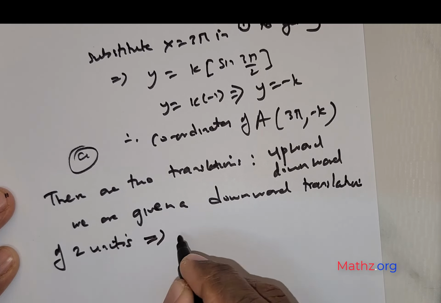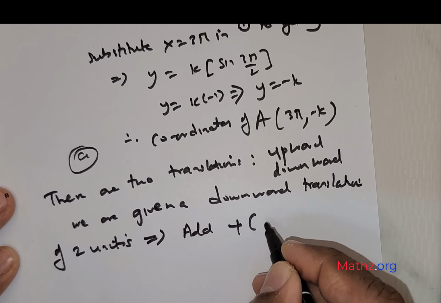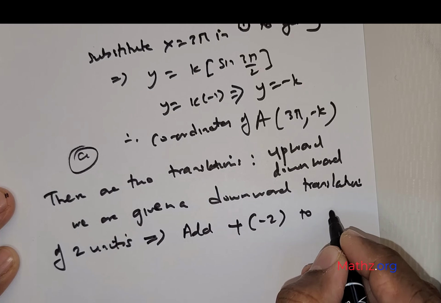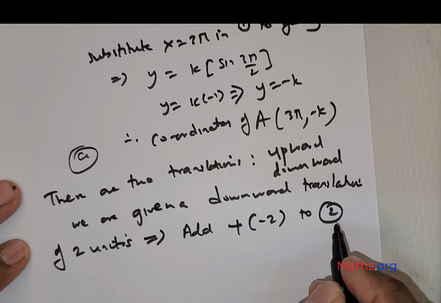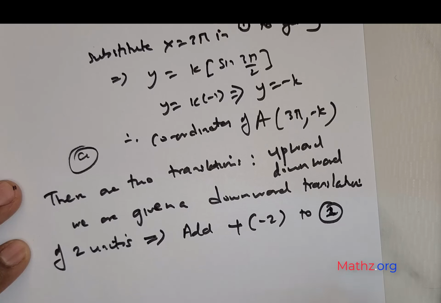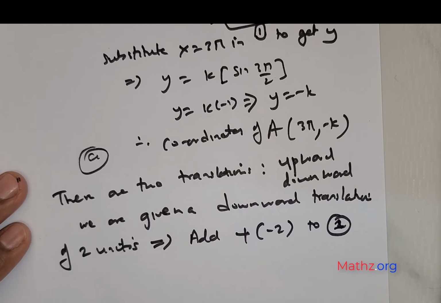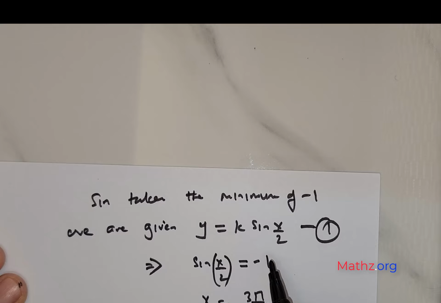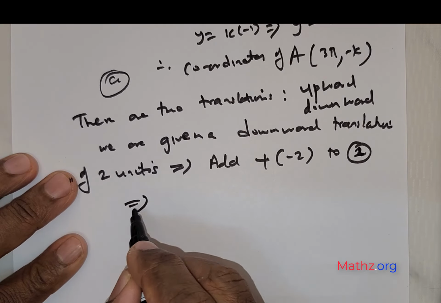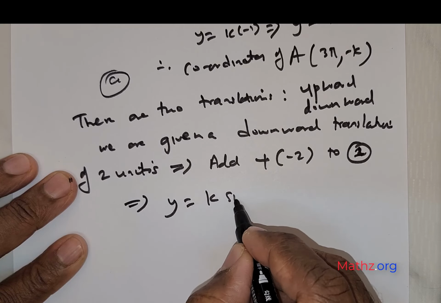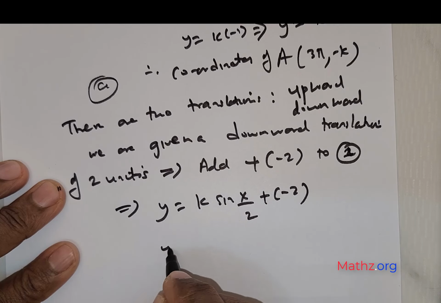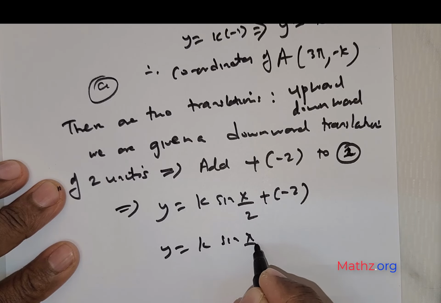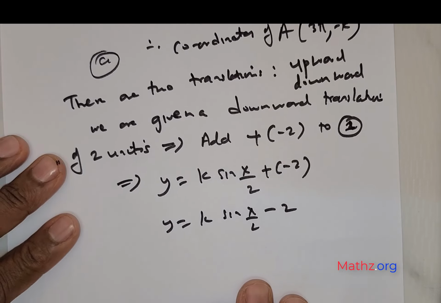So what are we to do? This means add negative 2 to equation 1, which is y is k times sin x over 2 plus negative 2, which means y is equal to k times sin x over 2 minus 2.